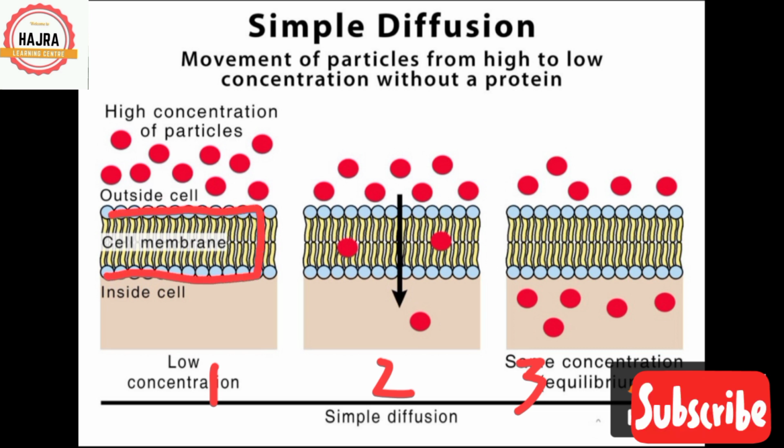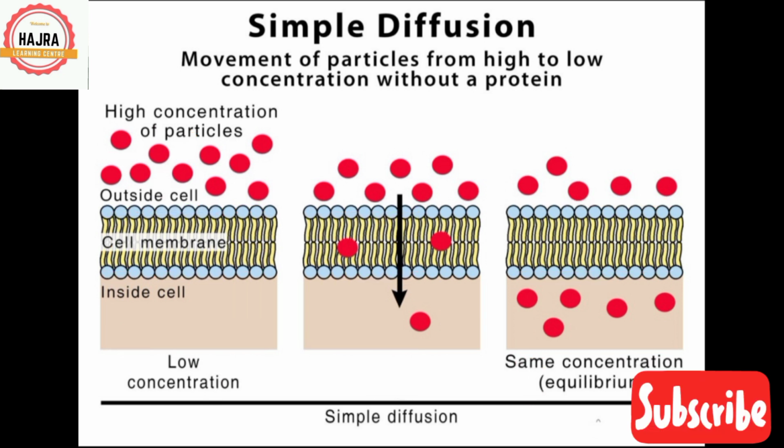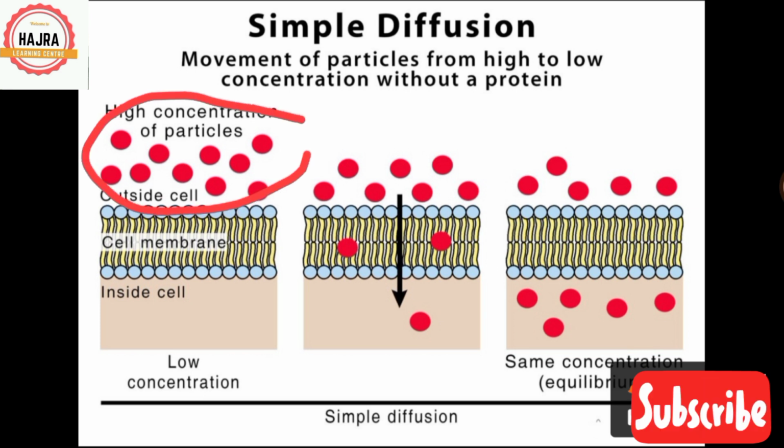This section is the cell membrane. First of all, look at picture number 1. This is the inner side of the cell and this is the outer side of the cell membrane. Now the concentration of the molecules outside the cell membrane is higher as compared to the inner side of the cell.